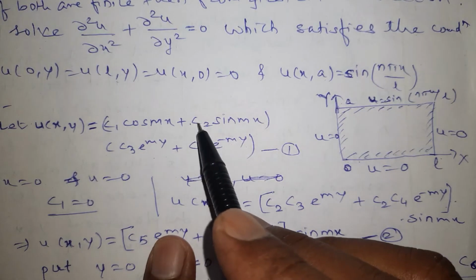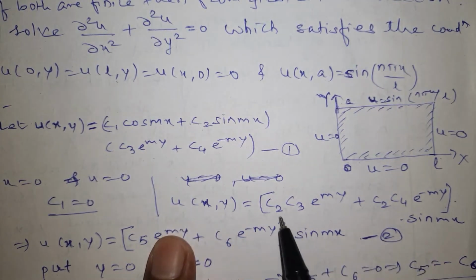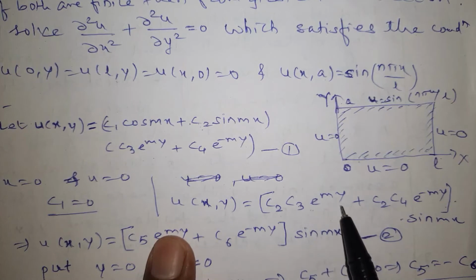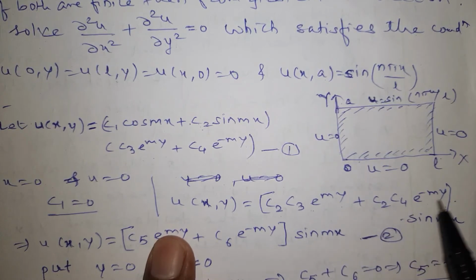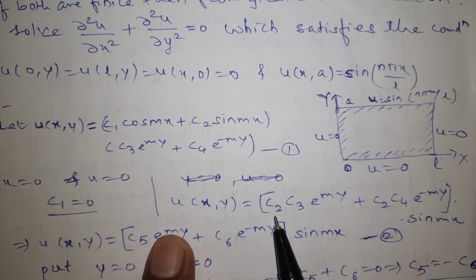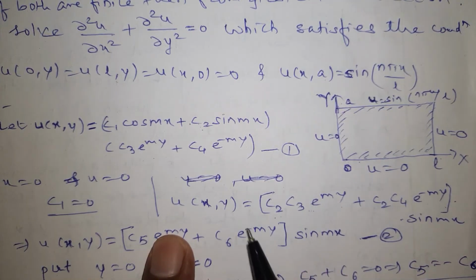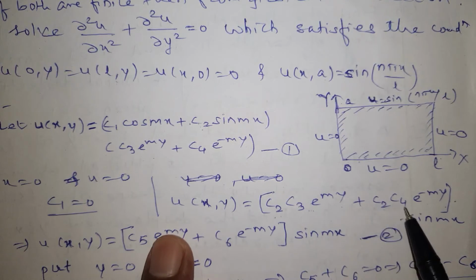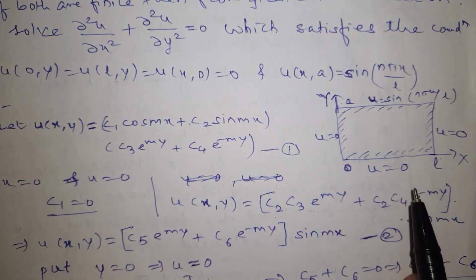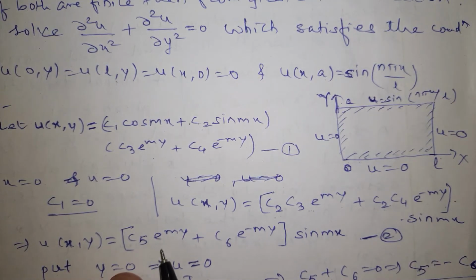Now multiply this c2 inside, so I get (c2 c3 e^(my) + c2 c4 e^(-my)) sin mx. Now c2 is a constant, c3 is a constant, replaced by another constant. Same way c2 and c4 replaced by another constant. So you will get u of x,y is equal to (c5 e^(my) + c6 e^(-my)) sin mx.